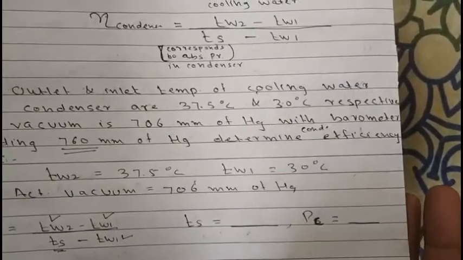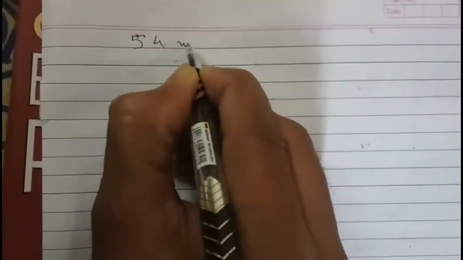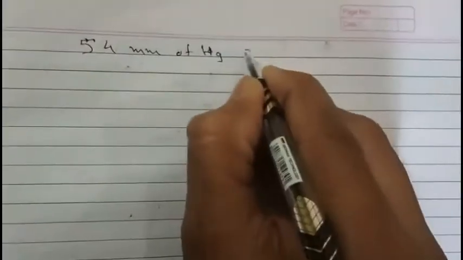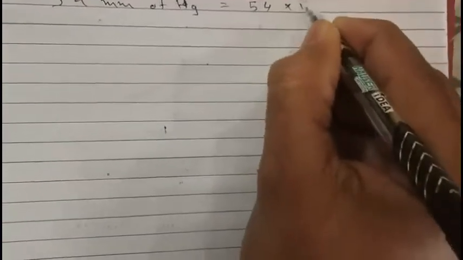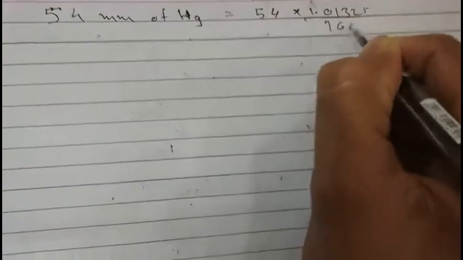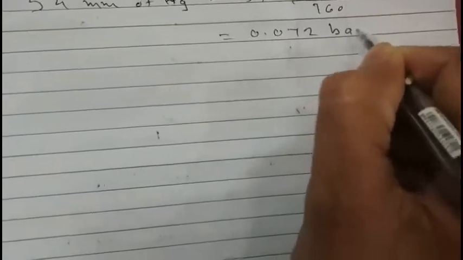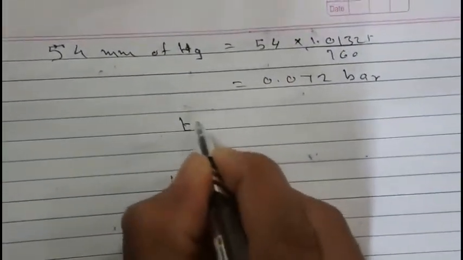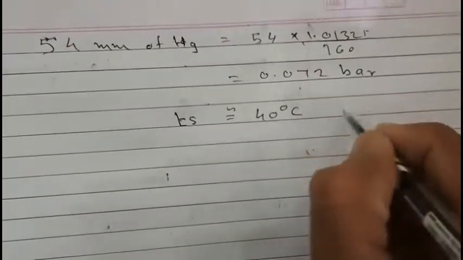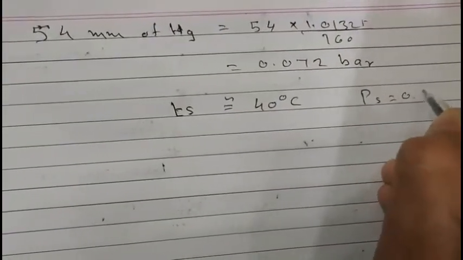But we have to find it for 54 mm of Hg. So it will be equal to 54 times 1.01325 bar divided by 760. This comes out to be 0.072 bar. If you see the steam table, you will find the saturation temperature equal to 40 corresponding to the partial pressure of the steam, 0.072 bar.